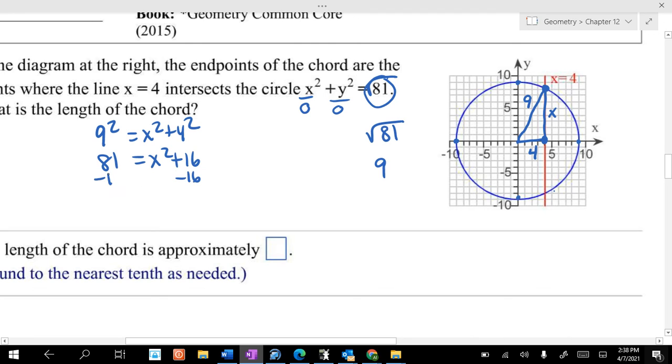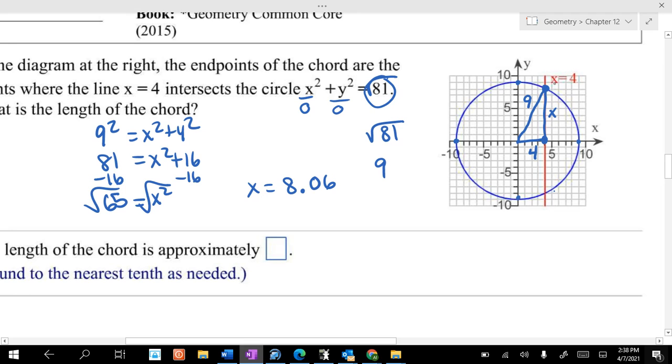Subtract 16. X squared equals 65. Take the square root. Square root of 65 is 8 point. Now let's go one more decimal place. 8.06, right? Now that's what half of it is.